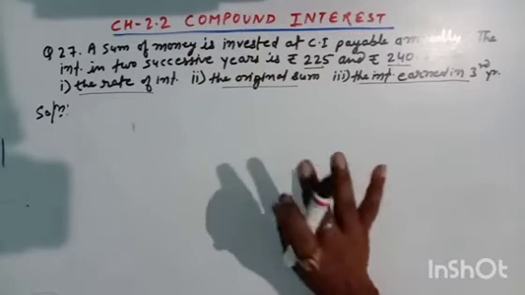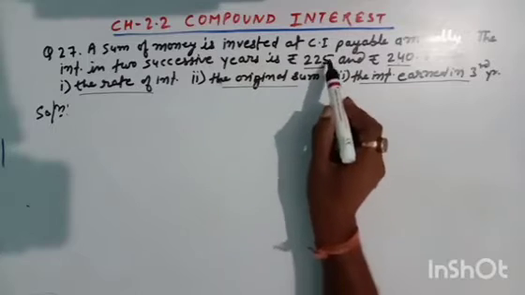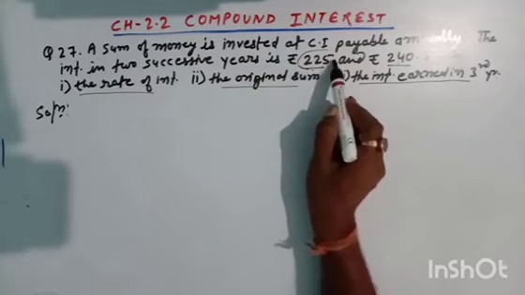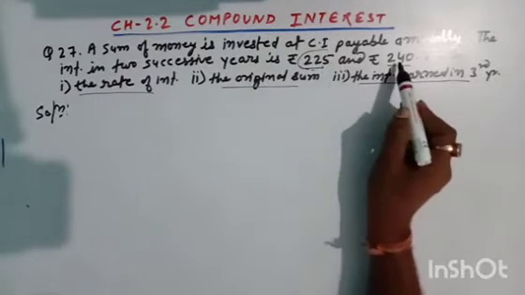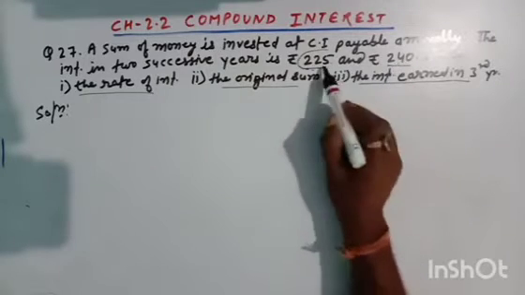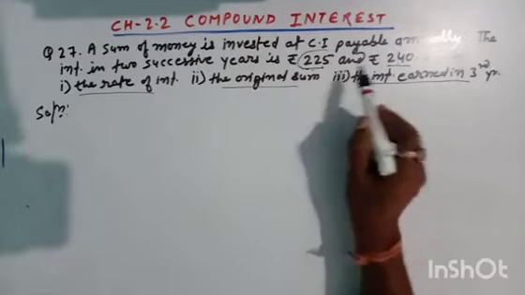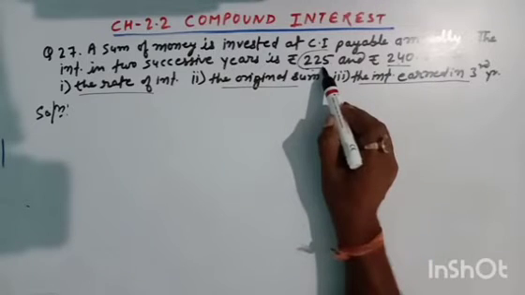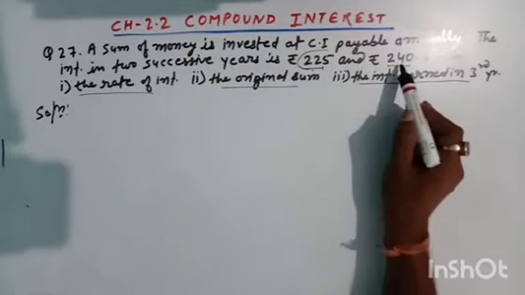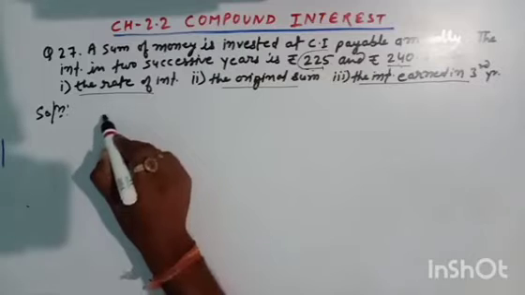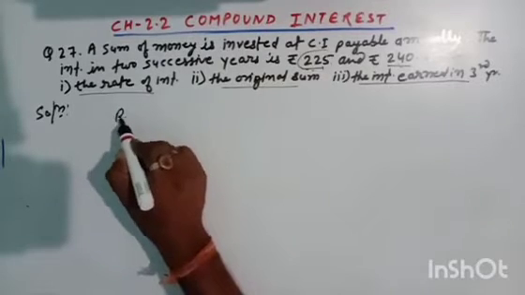In this type of question, you have to assume the first one as a principal and the second one as an amount, because these are two successive interests, to get the rate of interest.